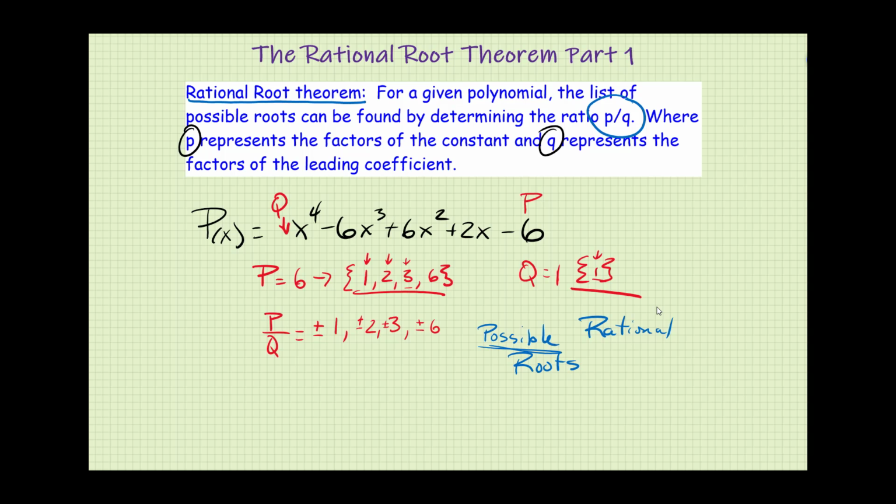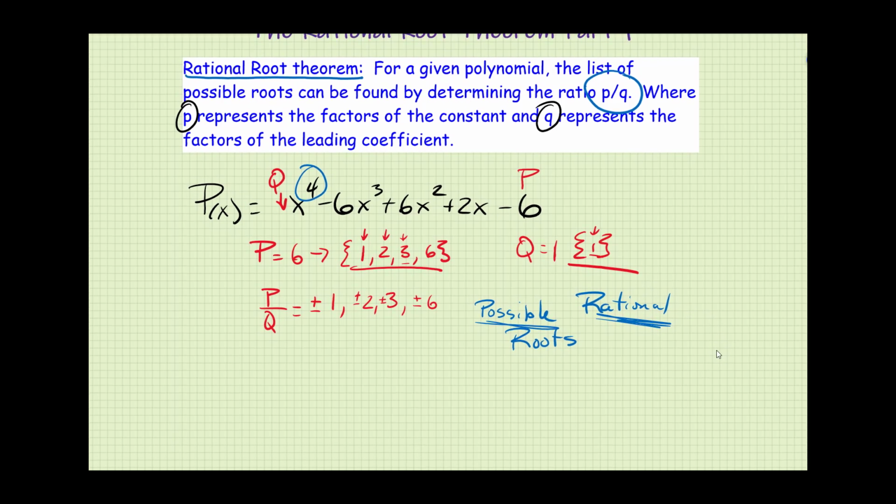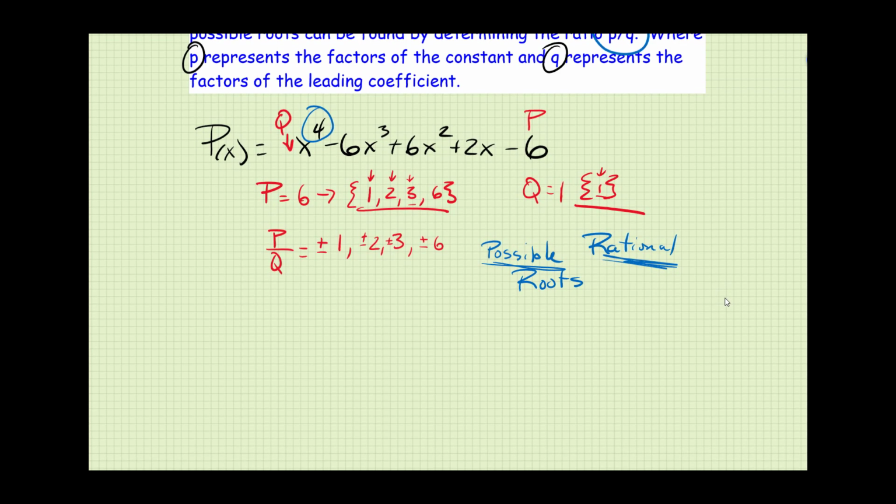Irrational numbers would be numbers like pi or the square root of 2, and those could be zeros of the polynomial as well. Remember, this 4 up here represents the number of complex zeros. Complex zeros include all real numbers and all possible imaginary numbers that are zeros of the polynomial. So this is just a list of the possible rational roots, those that terminate or have a repeating decimal. That's something you have to keep in mind.